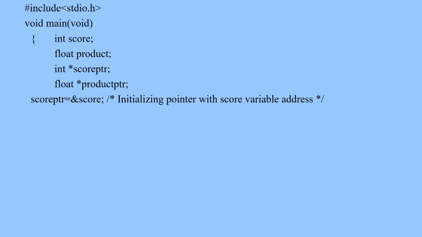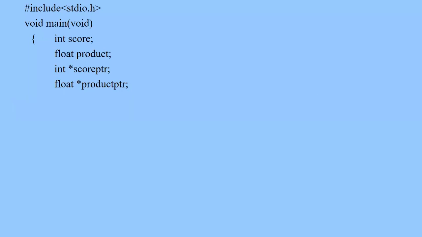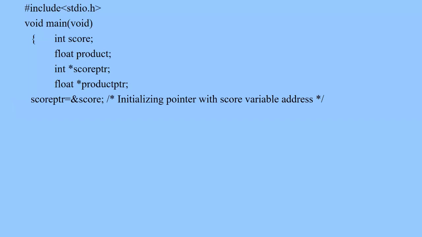So we are initializing the pointer with the score variable address. So score pointer is now referring or pointing to the variable called score, because we have assigned to it the memory address of the variable called score.